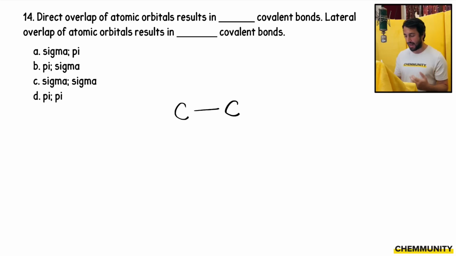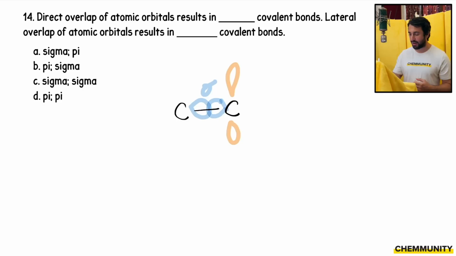If we have 2 carbon atoms that are interacting with one another, we can have direct overlap of orbitals that are connecting those 2 carbon atoms, and that is going to produce a sigma bond. And then in order to get further covalent bonds, we have to look at these unhybridized p orbitals, and it is going to be lateral overlap of those that is going to produce pi bonds.